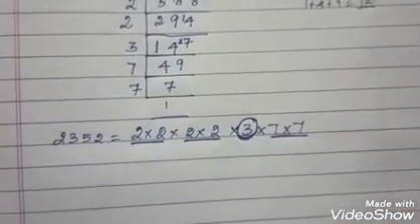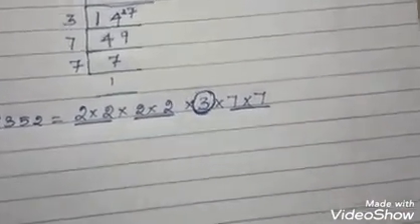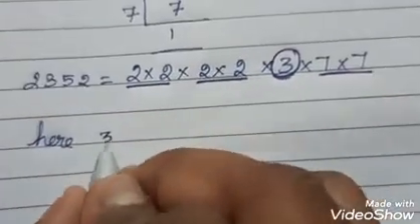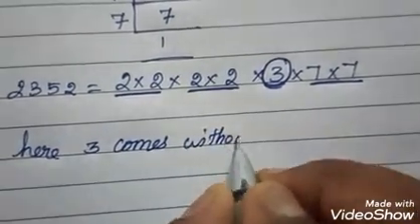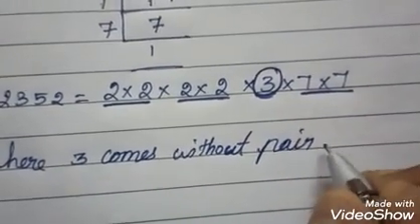Okay. So now you can see 2352 is not a perfect square. Here 3 comes without a pair. 3 comes without a pair.